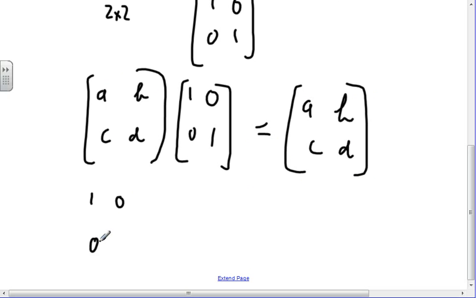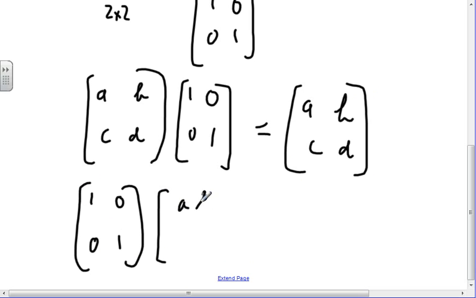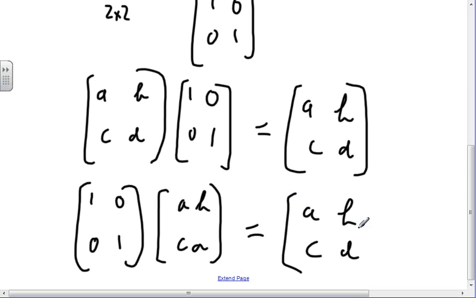Now 1, 0, 0, 1 times A, B, C, D gives the same thing. So it looks like that is, in fact, the identity matrix.